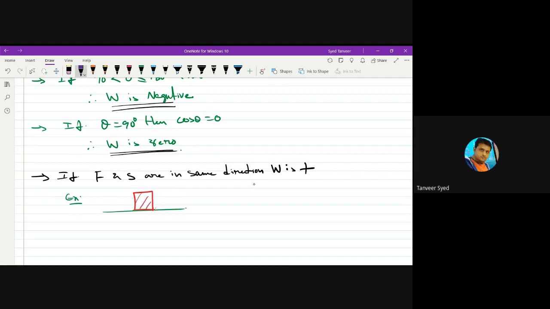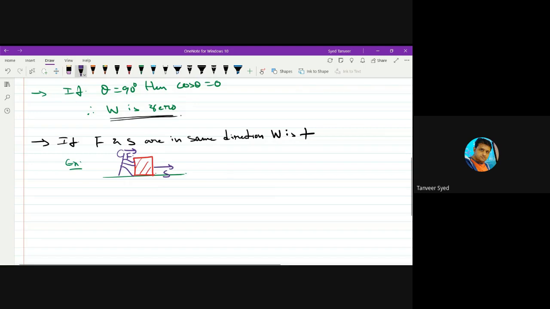Suppose you are pushing this block. The direction in which you are applying force is this direction. The direction of displacement of the block is this direction, towards right. Both force and displacement are in the same direction, then the work done by you is positive.